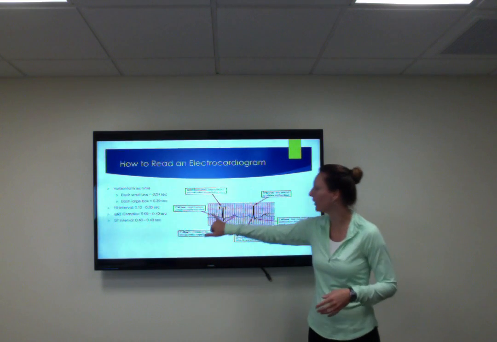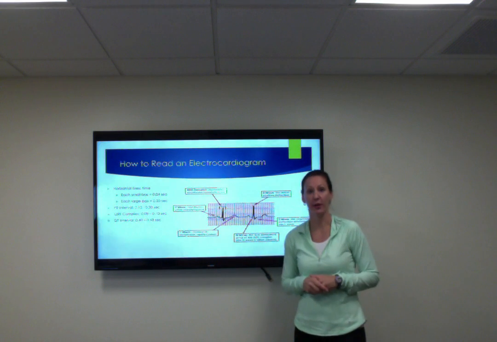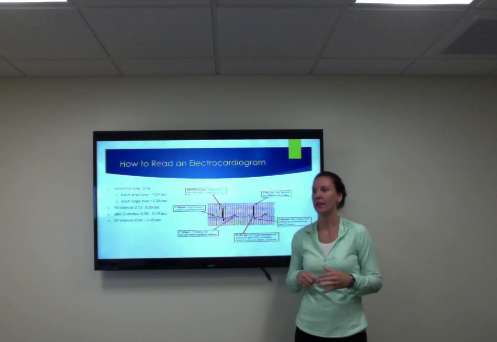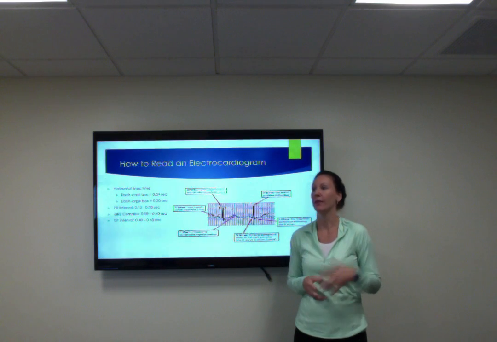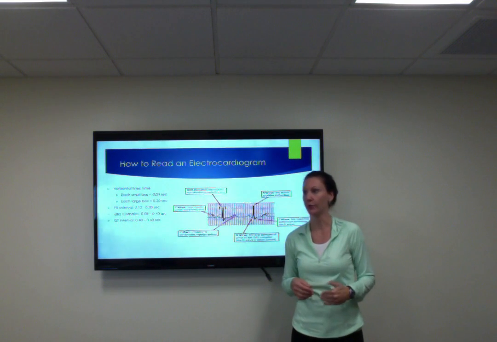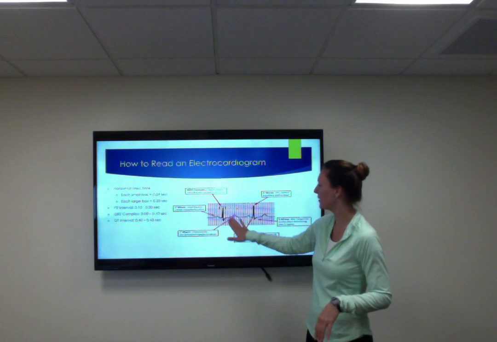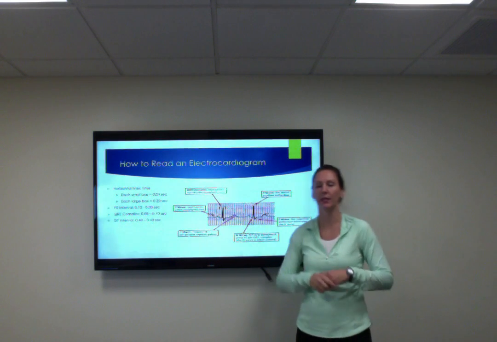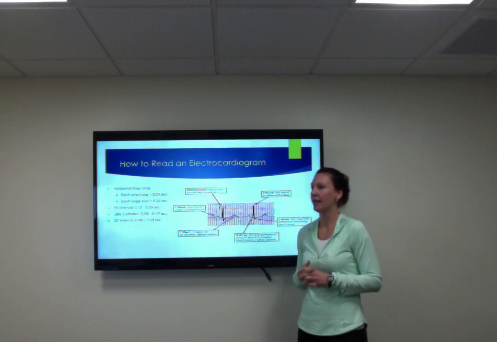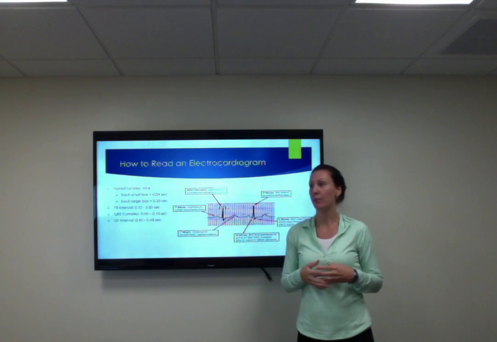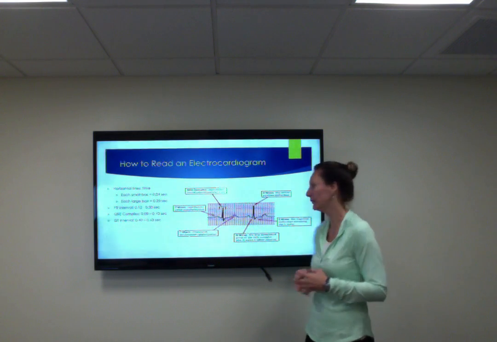Then here you have what's known as the PR interval, which is the transit time for the signal to travel from the sinus node into the ventricles. And last we have the T wave. It's a fairly moderate upward wave, and it represents ventricular repolarization and the QT interval.